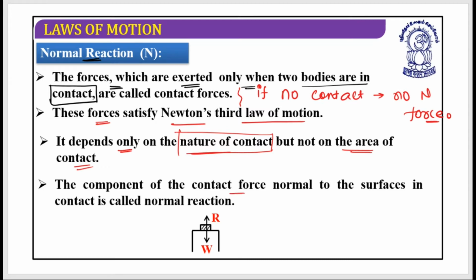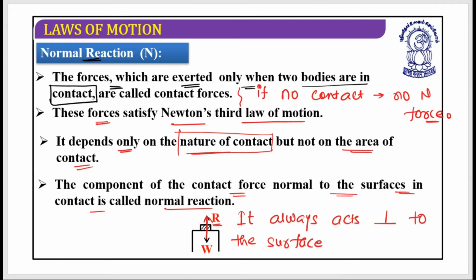The component of the contact force normal to the surface in contact is called the normal reaction. That means normal force always acts perpendicular to the surface. It always acts perpendicular to the surface in contact.